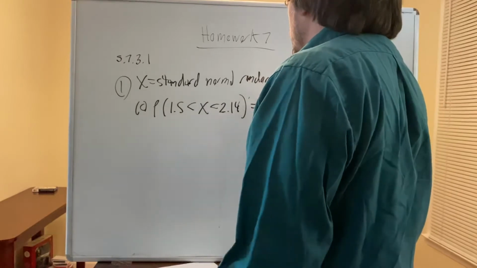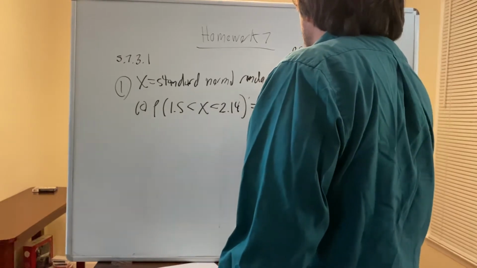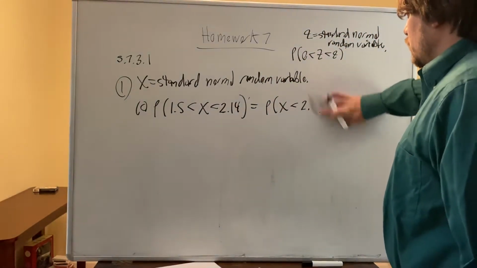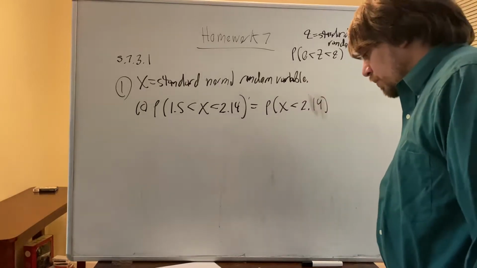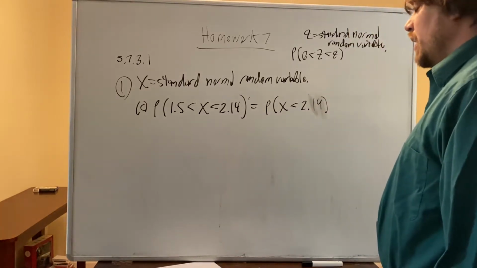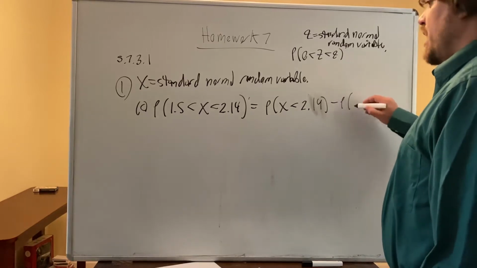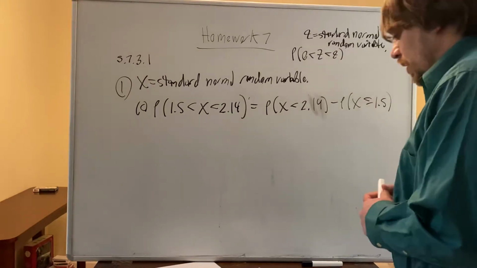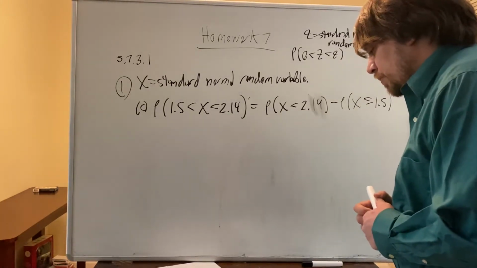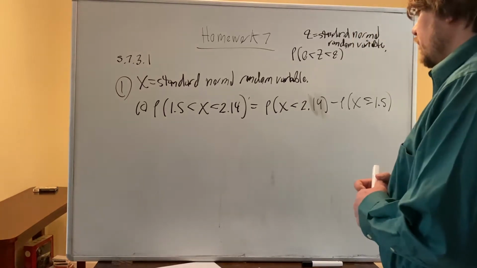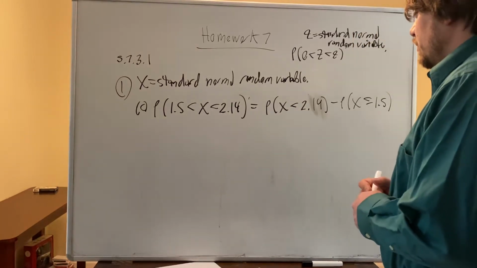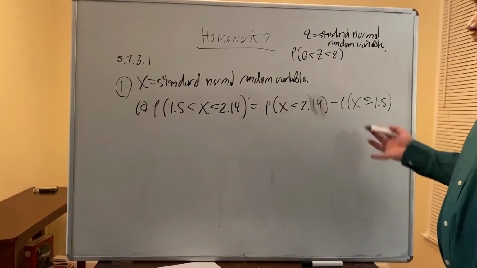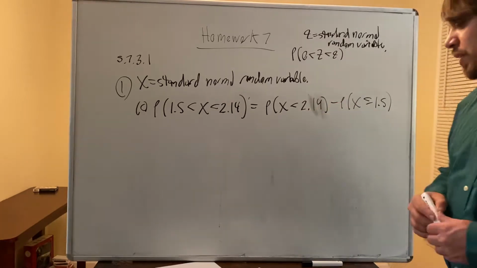Well, that's equal to the probability that x is less than 2.14 minus the probability that x is less than or equal to 1.5. Okay, and we found these, so you can use part A and part B and just subtract these two.